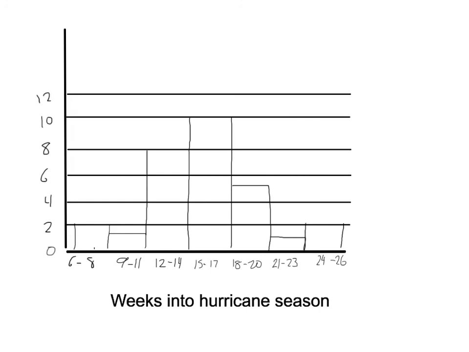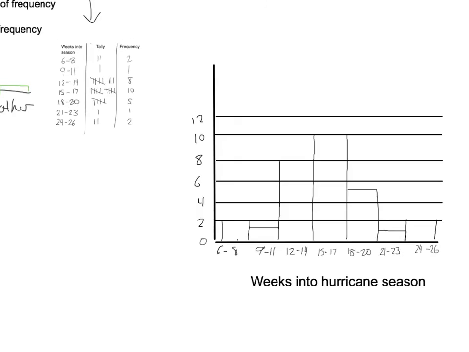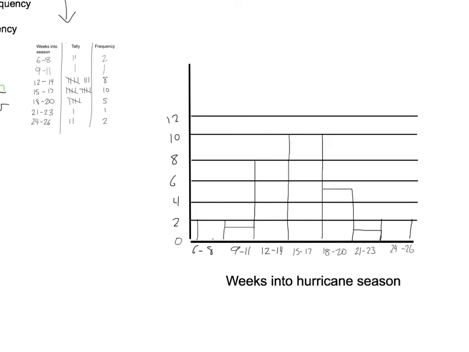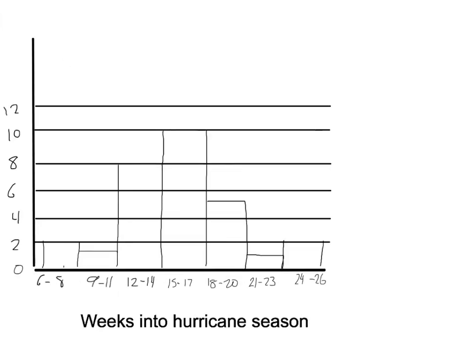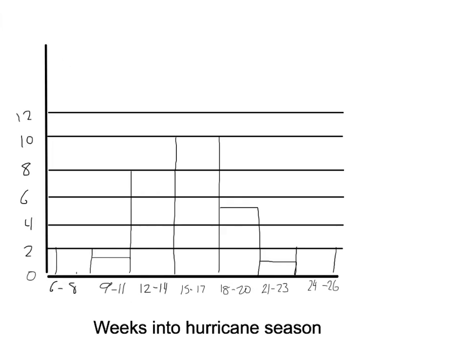Well, actually, no. Remember, 0 weeks after June 1st would be June 1st, which would be way over here. There's no hurricanes until 6 to 8 weeks recorded between 1997 and 2000. So even 6 weeks after June 1st, which would be approximately the middle of July, you're probably still okay because between 1997 and 2000, there were only 2 hurricanes that ever happened.